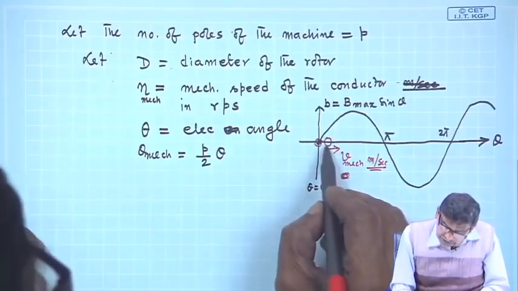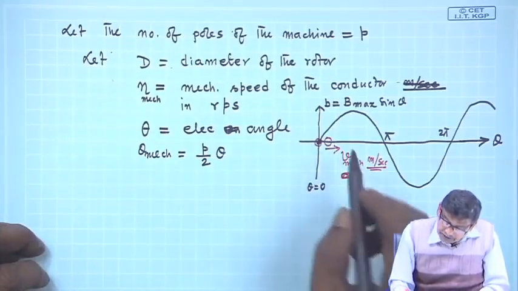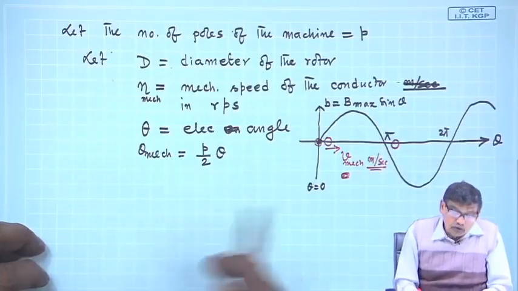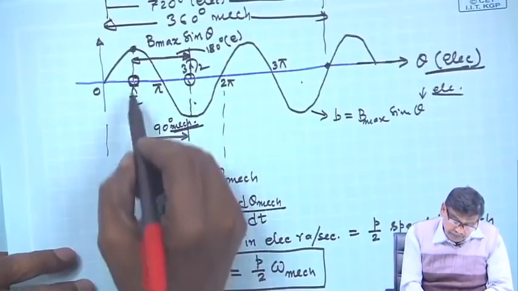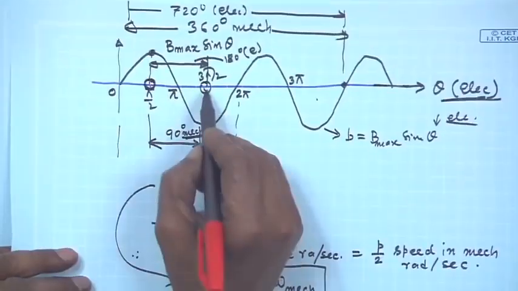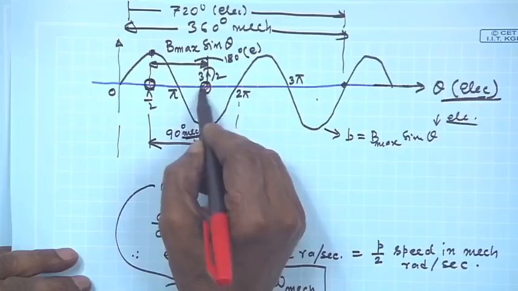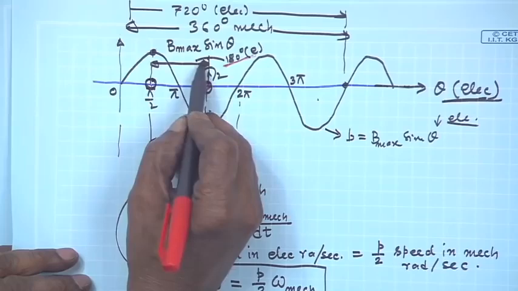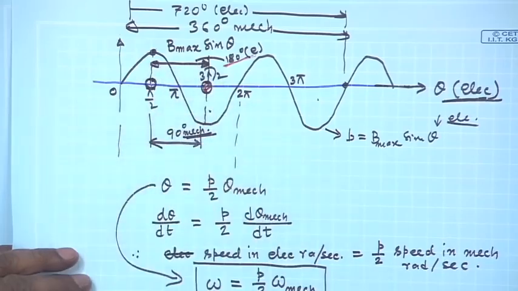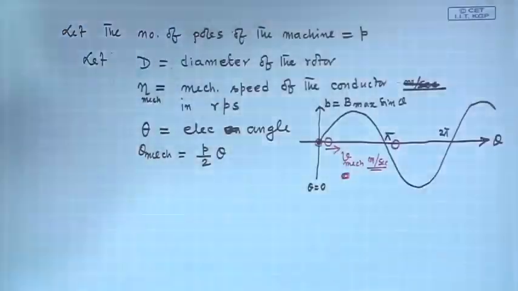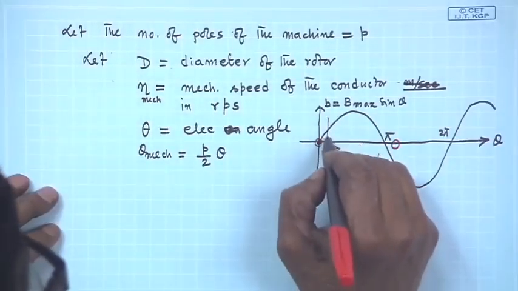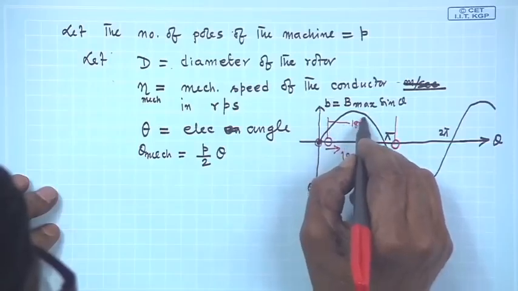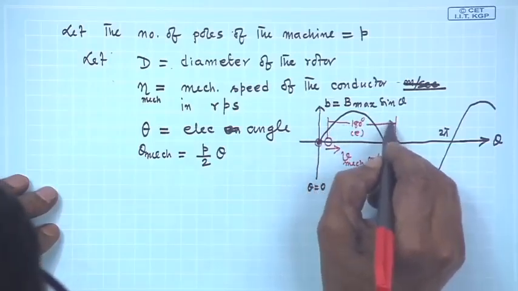But in a single conductor, I know what to do, but I want to use a coil. So, for the coil, I told you, if this is one coil side, I must make sure the other coil side will be 180 degree electrical apart. Then the coil span is 180 degree electrical apart. It has to be always.